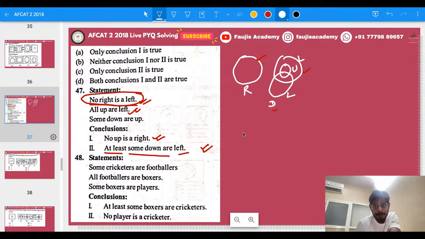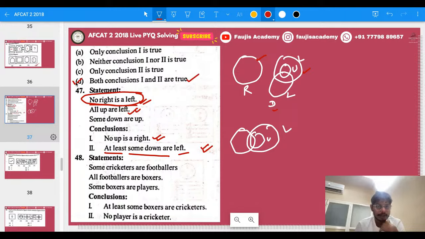If we have to make an intersection between up and left, the left will also come into the picture. We cannot have that, right? So both the statements are correct. So the answer to question number 47 will be D. D for delta.